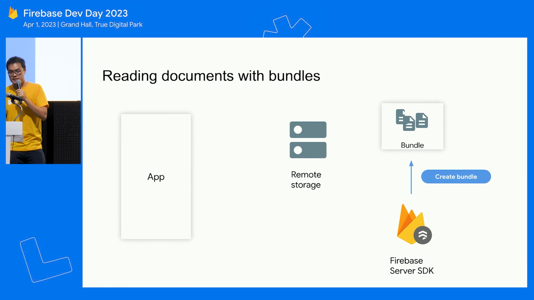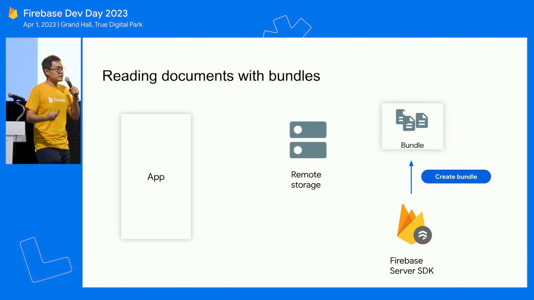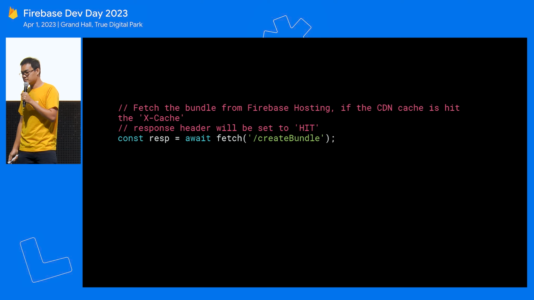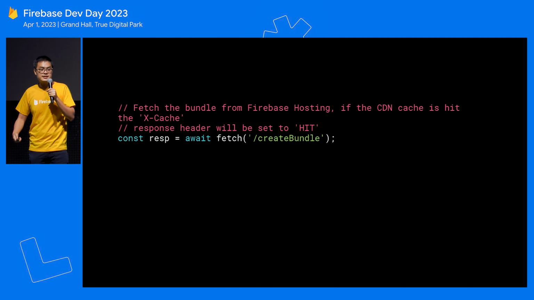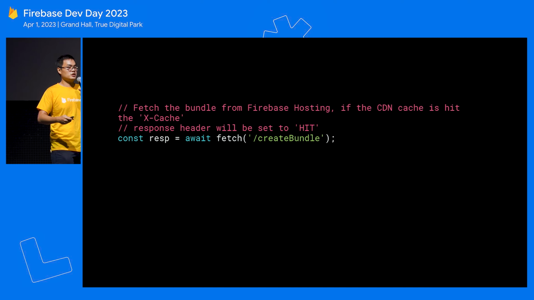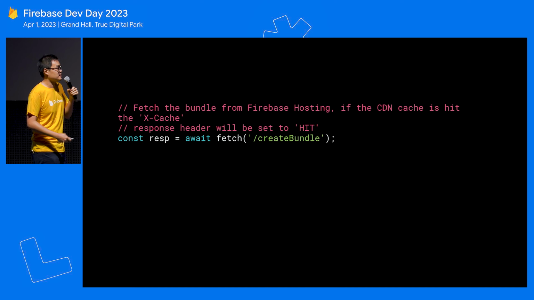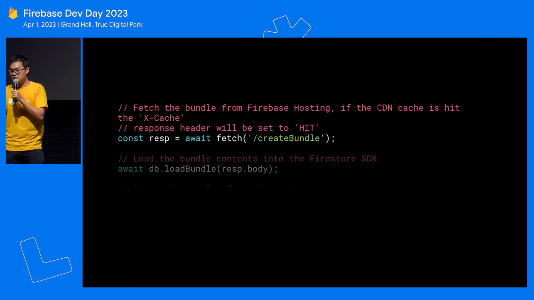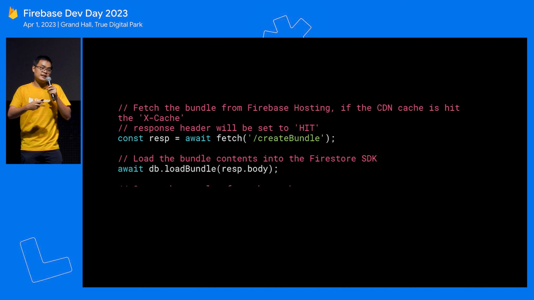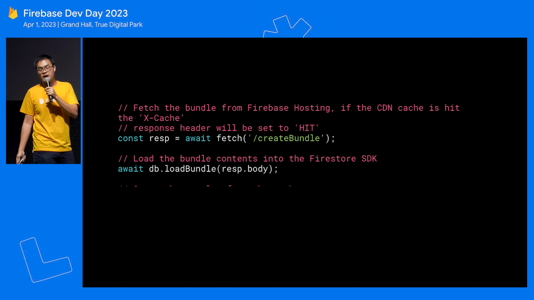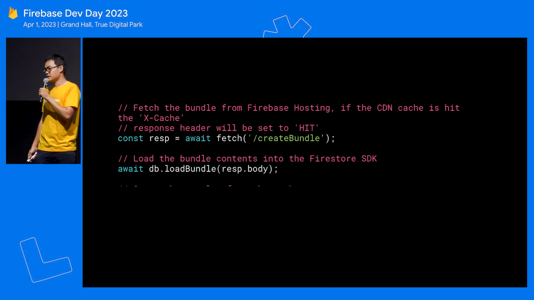So very simple, once we have created our bundle, we can save it in our cloud storage or whatever remote storage you like, and all your app does is fetch that bundle. Here's a very simple sample code of how it will look when you want to retrieve the data from the bundle. This is your client-side code. In this case, maybe your data is stored in an API somewhere on your backend.